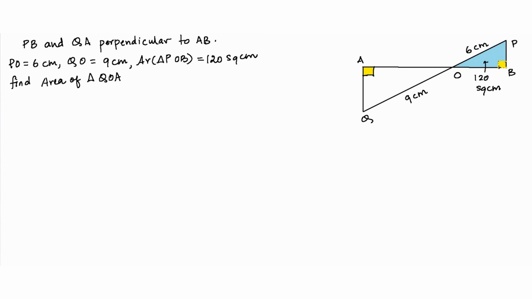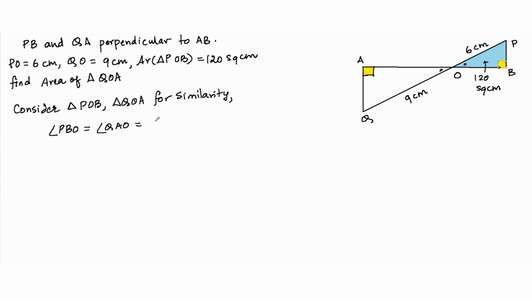Now again, it can be noticed that these two triangles are similar again because there are vertically opposite angles and the 90-degree angles are given. So I can say consider triangle POB and triangle QOA for similarity. Let us mark the parts which are equal to each other. So angle PBO is equal to angle QAO, which is equal to 90 degrees, right?